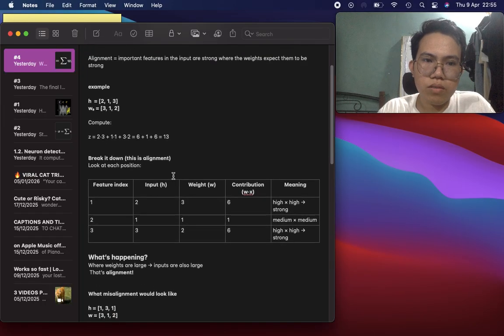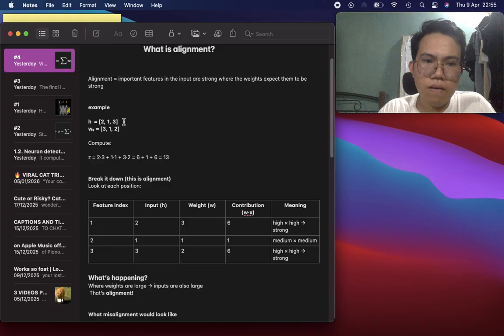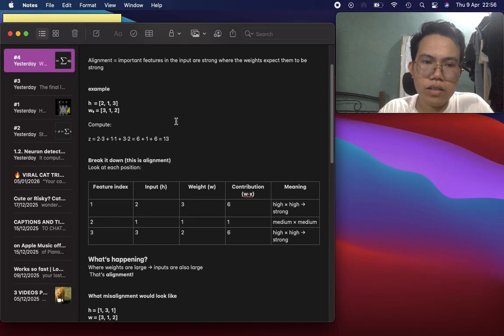For example, we have the input features 2, 1, 3, and the neural weights, or learned patterns, 3, 1, 2. It has a strong activation because it's a large value, because they match, they align together.